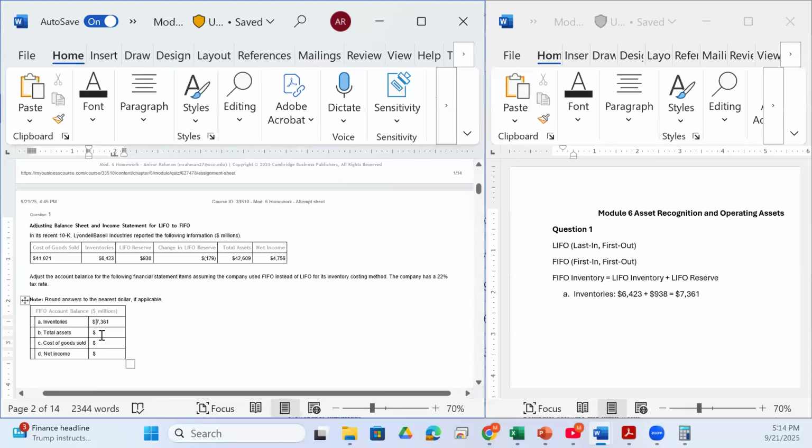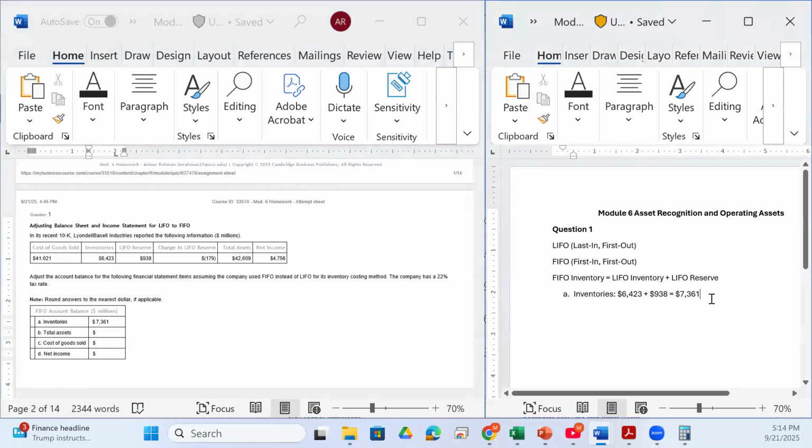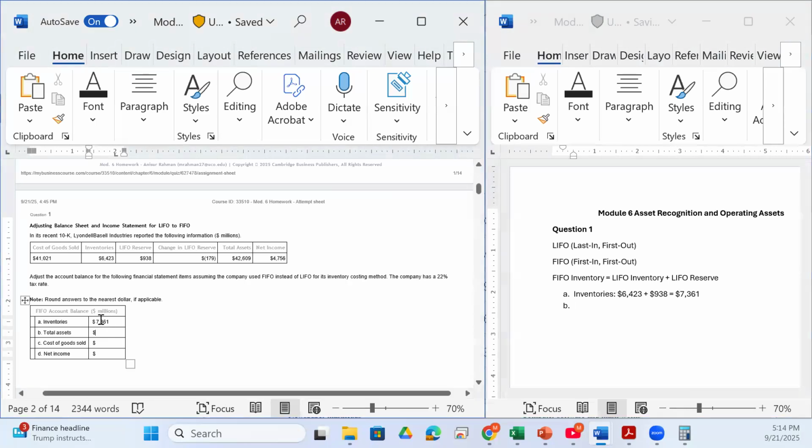Now, total assets. So inventories are part of total assets, right? So total assets will also increase by the same amount, 7,361.